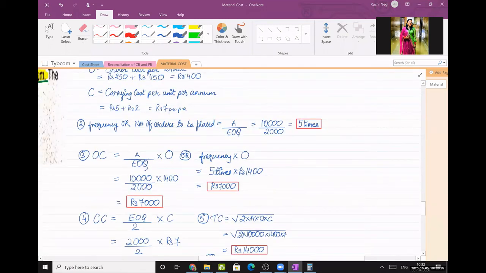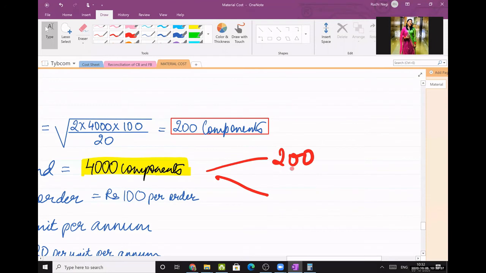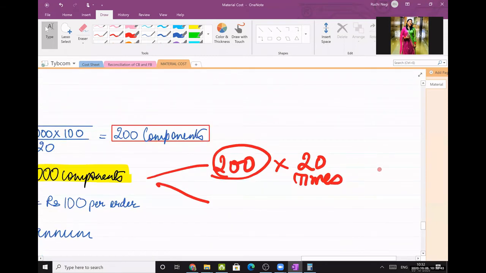My annual demand is 4000. Correct? My annual demand is 4000. Okay? So if I purchase 200 units, 200 components as per my EOQ formula, I have to purchase 20 times in a year. Only then am I able to fulfill my A of 4000.